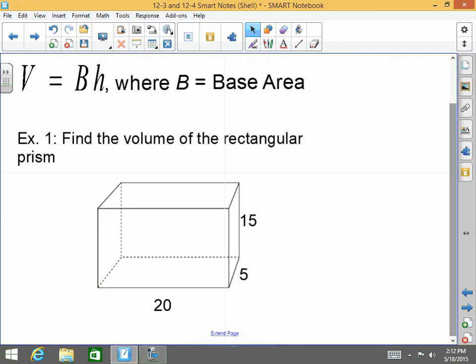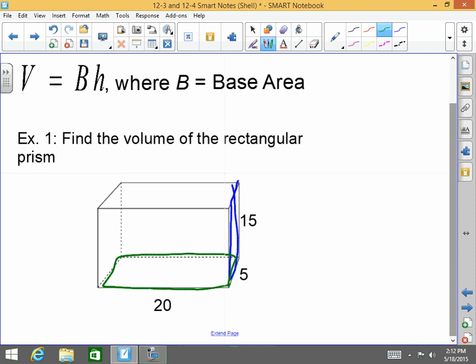So find the volume of the rectangular prism here. Well, you get to decide what the base is. Do you want the base to be this guy here in blue or this guy here in green? Okay, that's fine. So my volume is base area, which is 20 times 5, times the height of 15.